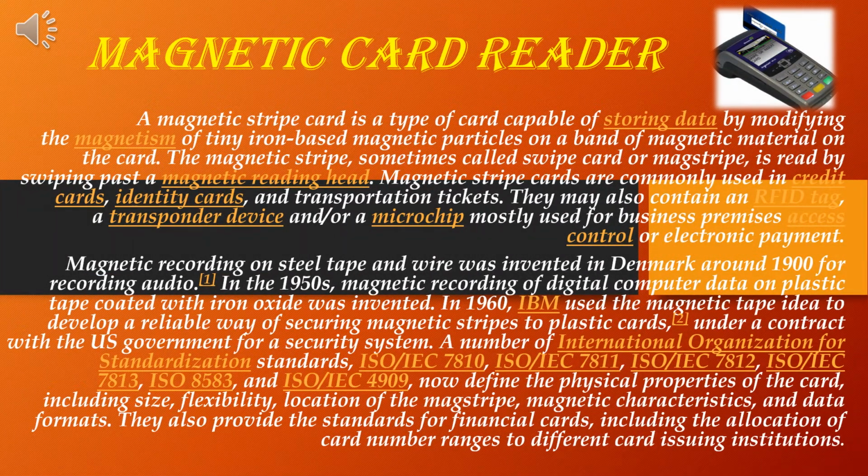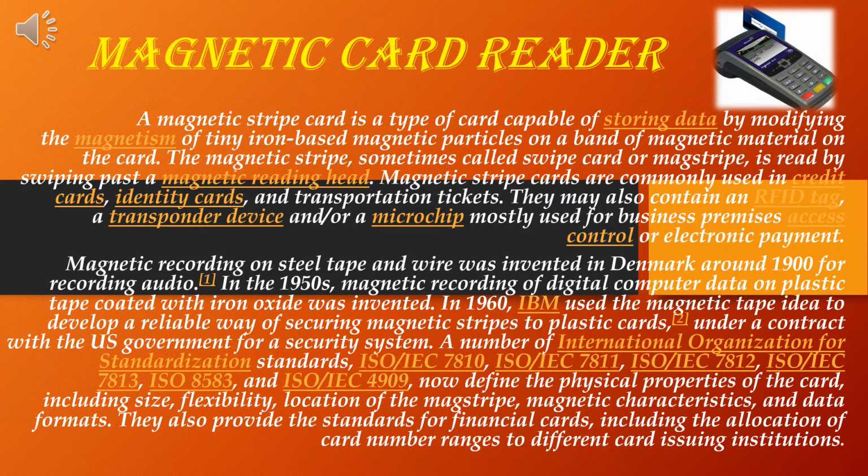Card reader. A magnetic stripe card is a type of card capable of storing data by modifying the magnetism of tiny iron-based magnetic particles on a band of magnetic particles on the card. The magnetic stripe, sometimes called swipe card or mag stripe, is read by swiping past a magnetic reading head.